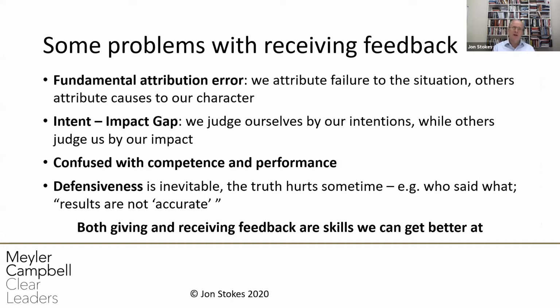This is a term psychologists use for finding that we tend to attribute failure, that is, when something goes wrong for myself, I will tend to attribute the failure to the situation, blame it on the technology, if you like, where others will attribute the cause of it to my character. John's a bit disorganized or something like that.